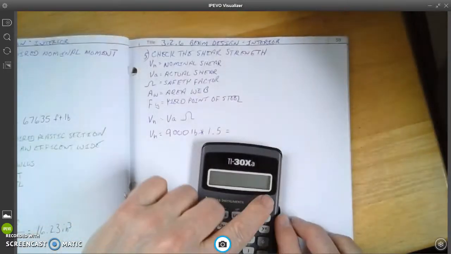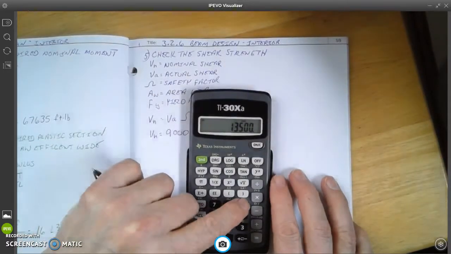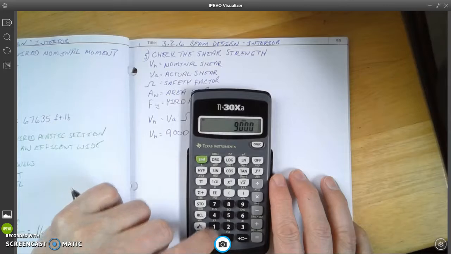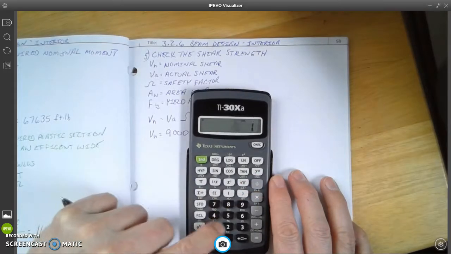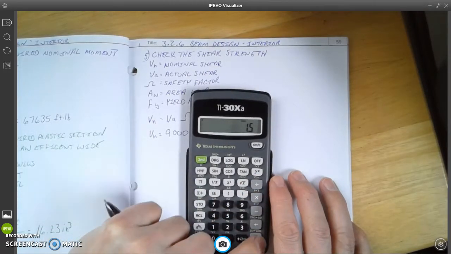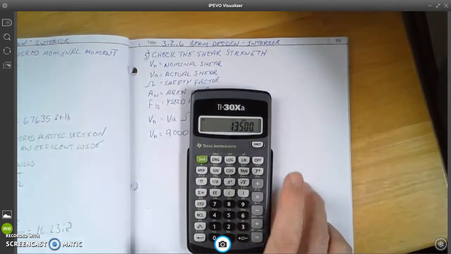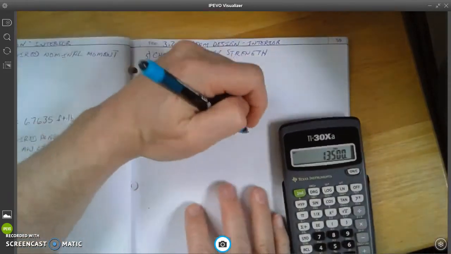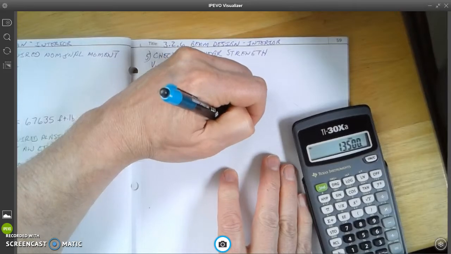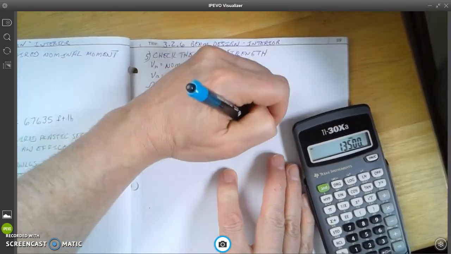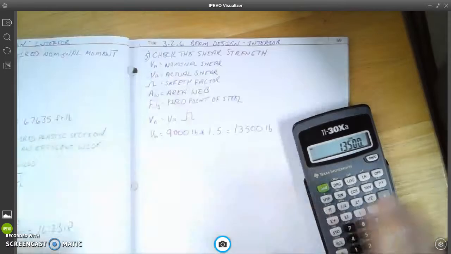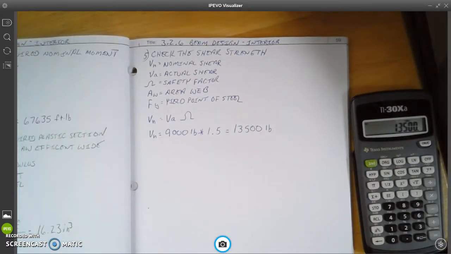So I'm going to take my calculator and put in 9,000 times 1.5, and that equals 13,500 pounds. So that is our shear for the actual beam that we are working with.